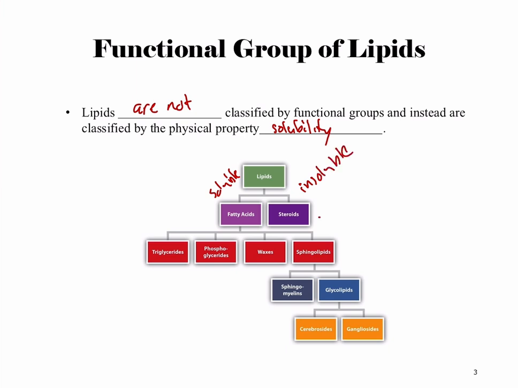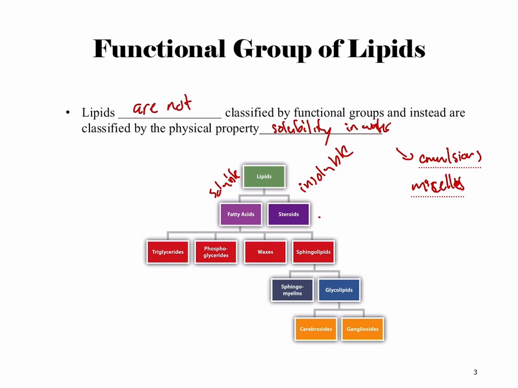Steroids are going to be insoluble, and everything else here is generally soluble. And when we say soluble, we mean solubility in water. It doesn't necessarily mean that the lipid individually will be completely soluble, but we can form certain things like emulsions and micelles that can then be solubilized in water with lipids.